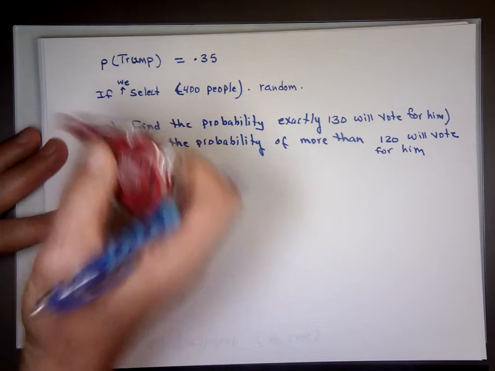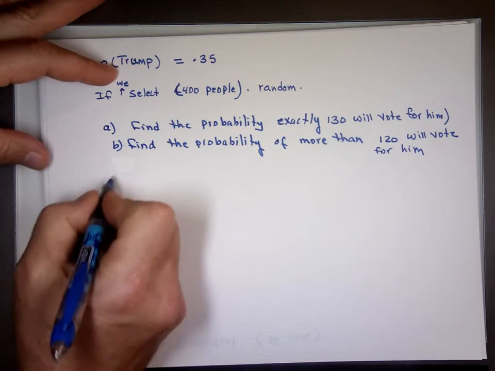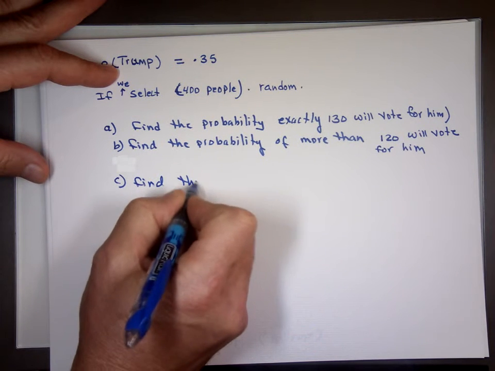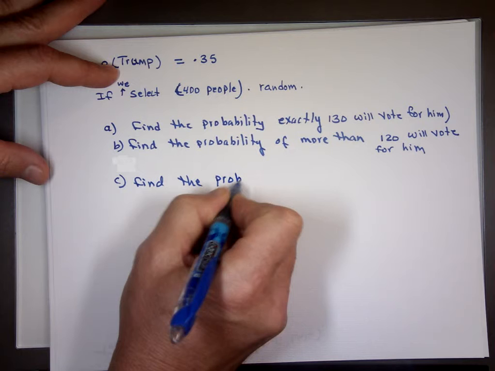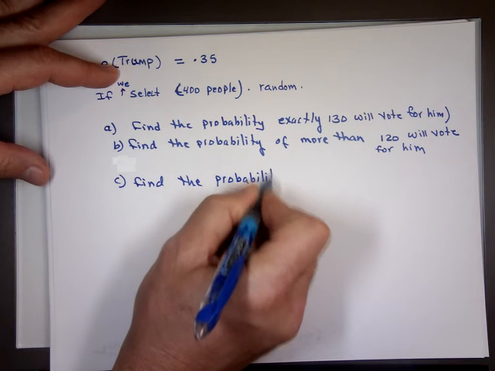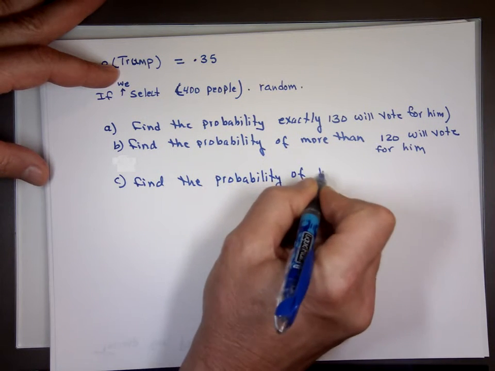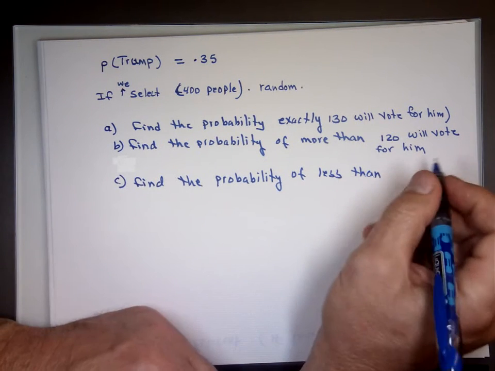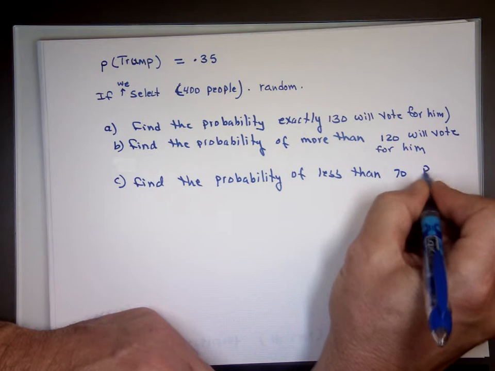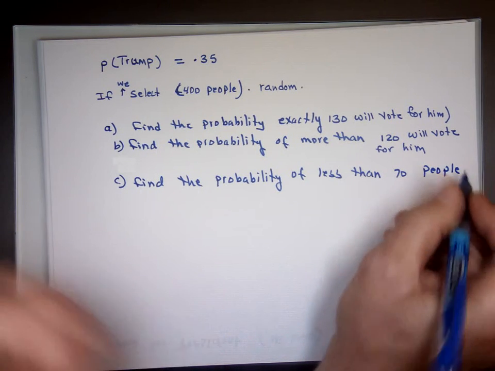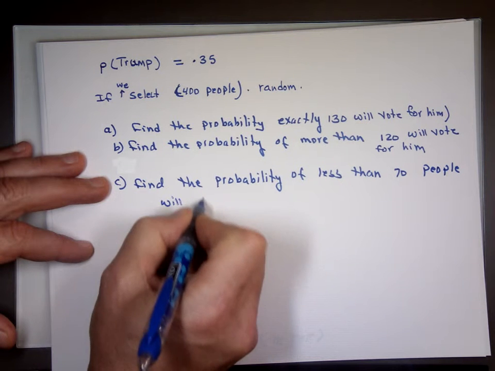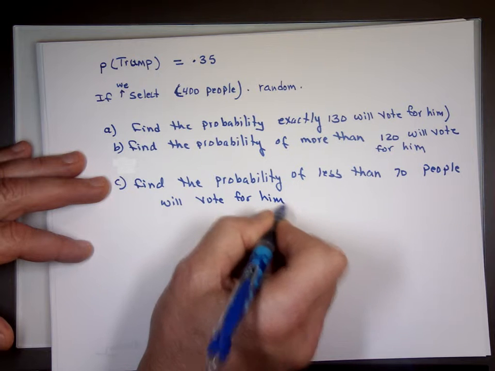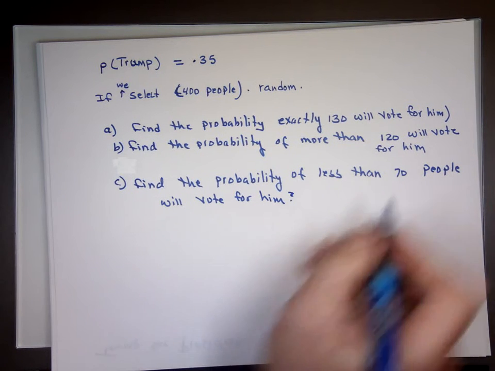Find the probability of less than 70 people voting for him. So these are the questions.